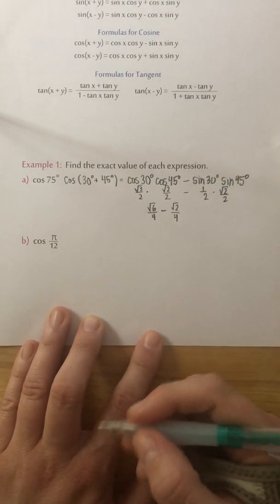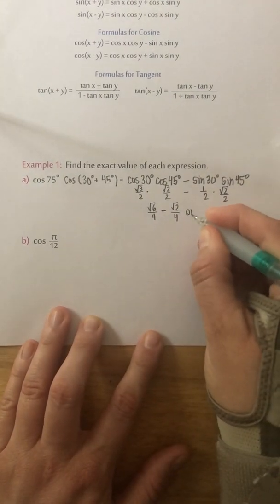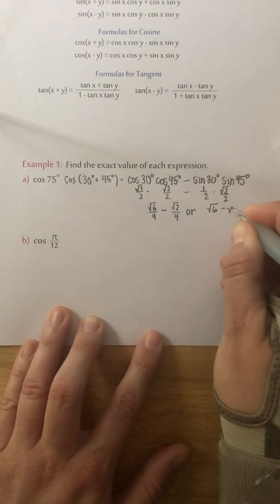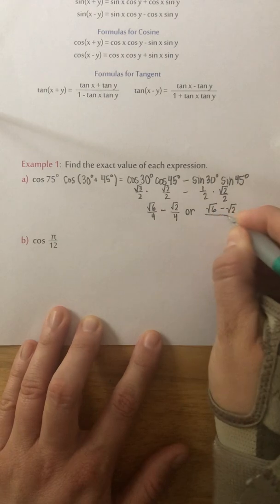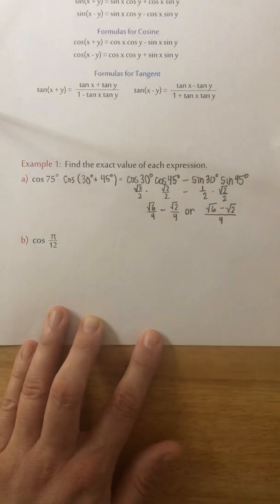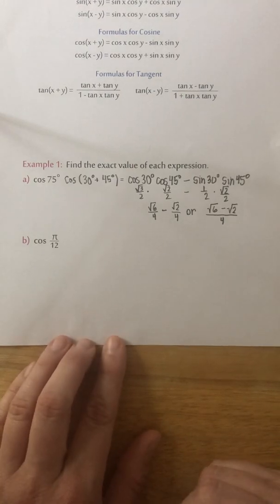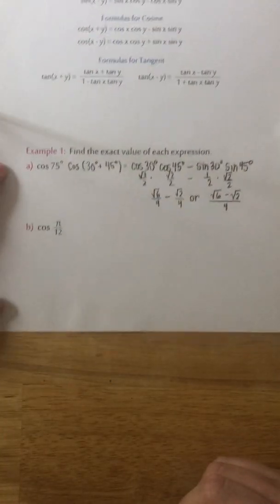Now you certainly are welcome to leave it like this, but they already have a common denominator, so it couldn't hurt to go ahead and put them together as a single fraction. I would be okay with either answer though. And so there's our final answer for cosine of 75 degrees.